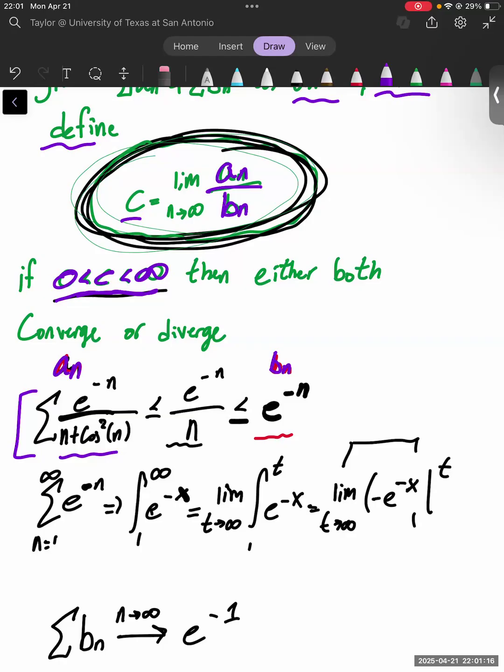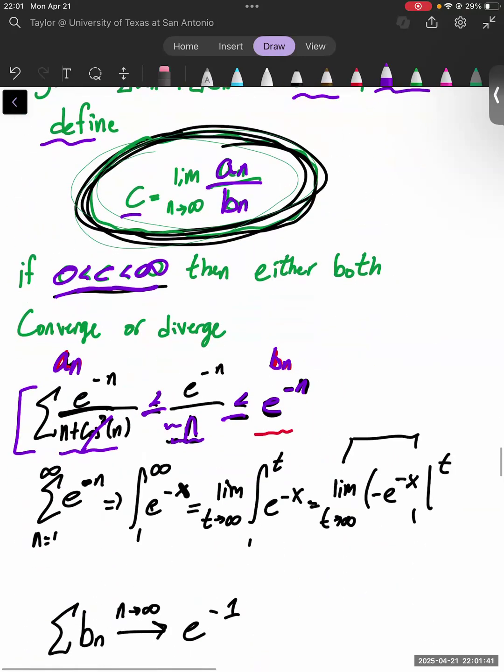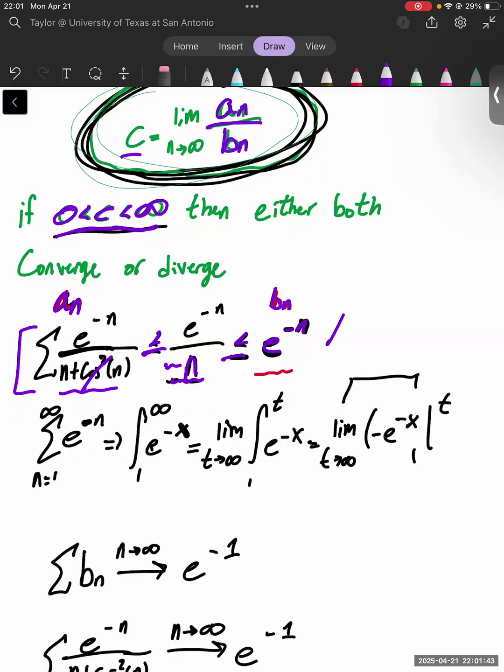So I can just drop the cosine, leaving me with just n. And then I can let n equal 1 for the denominator, or just change it to 1. It makes it a bigger sequence, leaving me with e to the negative n. Okay, so with the comparison test, now all I have to do is determine what this converges to, if it converges.